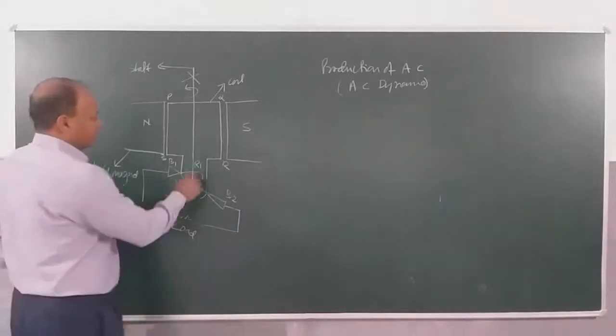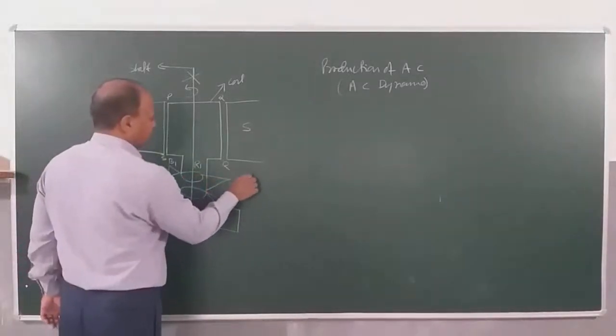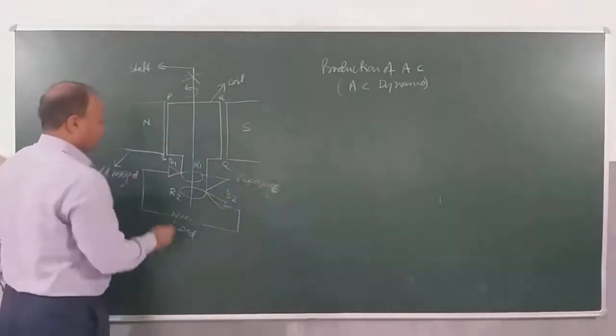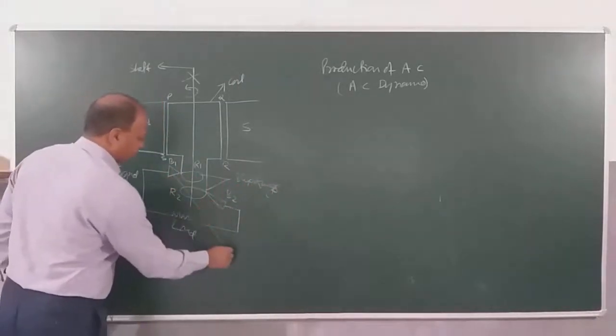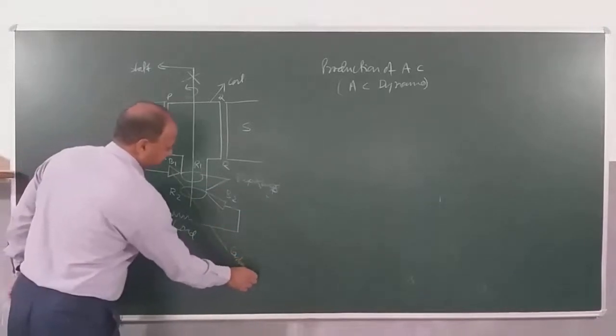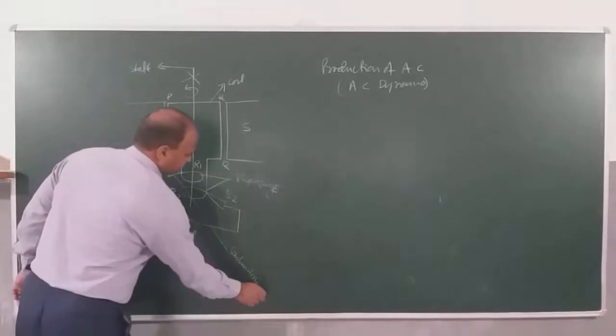And then R1, R2 are slip rings. And then B1 and B2 are what we call carbon brushes. So construction is very simple.